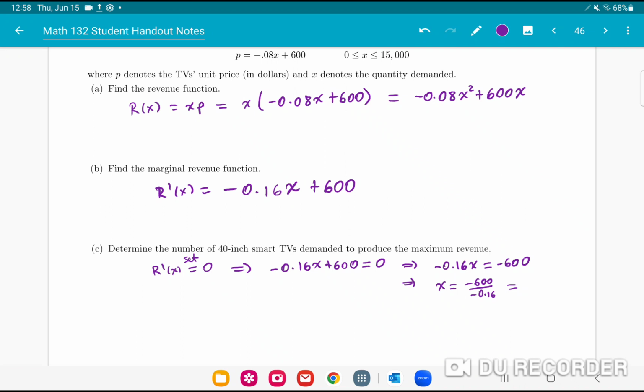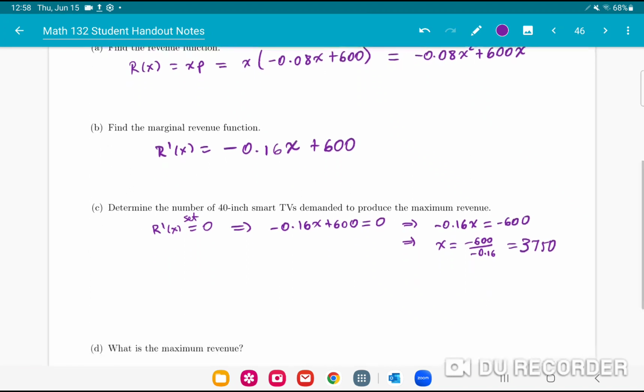600 divided by 0.16 is 3,750. That's a critical number. Once we get the critical number, we put that as 3,750. I don't go to minus infinity because it doesn't make sense to produce a negative number of units, so I'm just going to start from 0 up to infinity.